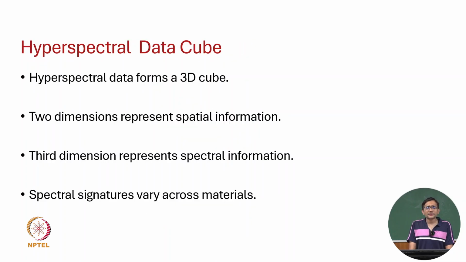Thus, the hyperspectral data forms a 3D cube where 2 dimensions represent the spatial information, and on top of this, the 3rd dimension represents spectral information. Spectral signatures vary across materials, which enables material identification, as I have already mentioned.